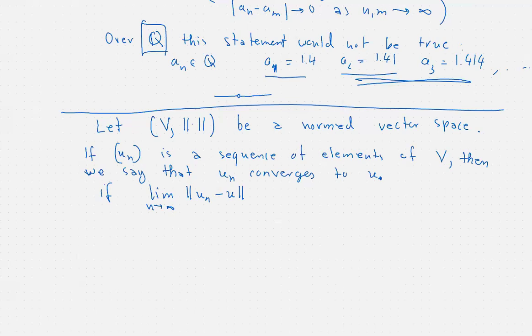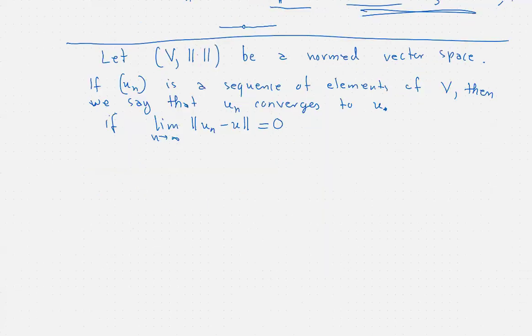So just to give you a simple example, let's say we are in R^2, and let's say that we have the one norm in R^2. Take the sequence u_n, let's take something fun, okay, (1 + 1/n, (1 + 1/n)^n).